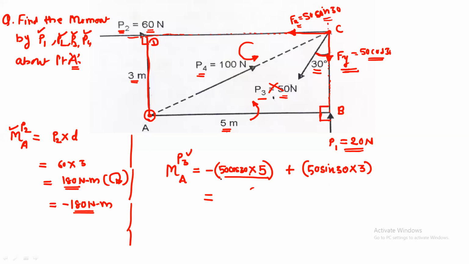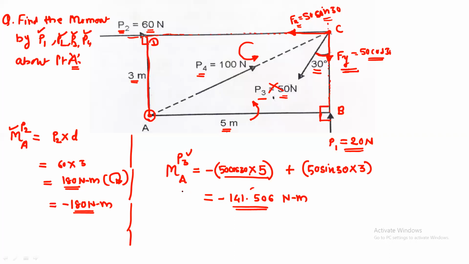So the total answer, so this is minus 141.506 Newton meter.